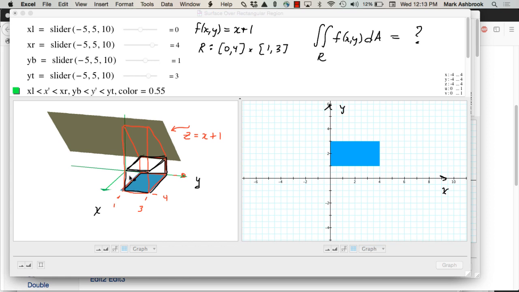So I'm giving you a hint here, right? Outlining part of it. That part of it has a volume of what? 8. 2 times 4 times 1, right?